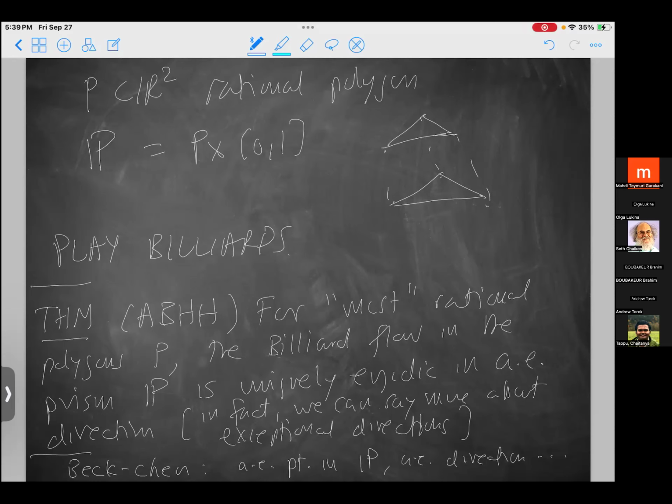For almost every direction, you equidistribute. So the corollary is that for every point in my polyhedron and almost every direction, the billiard trajectory equidistributes with respect to Lebesgue measure. Okay, so that's one theorem.